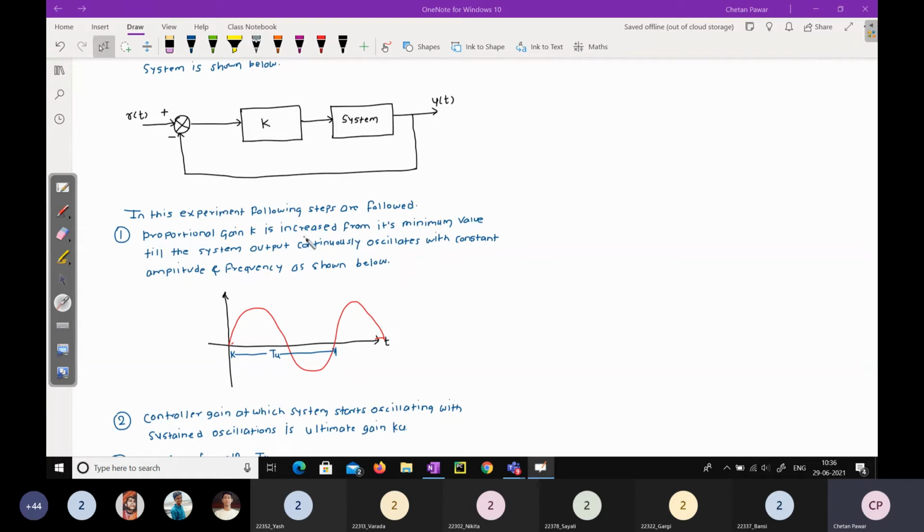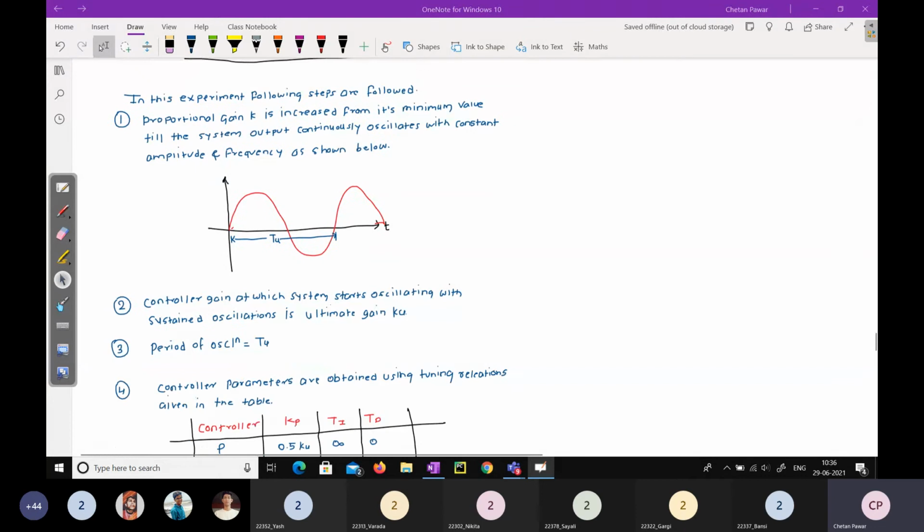So here you can see the output of the system for that particular value of K. Tu is the time period of the oscillation, and the controller gain at which the system oscillates is Ku. Using these parameters Ku and Tu, they determine the PID parameters.